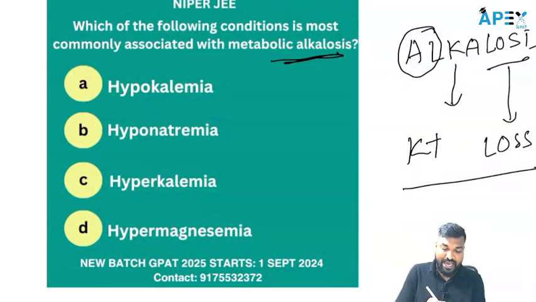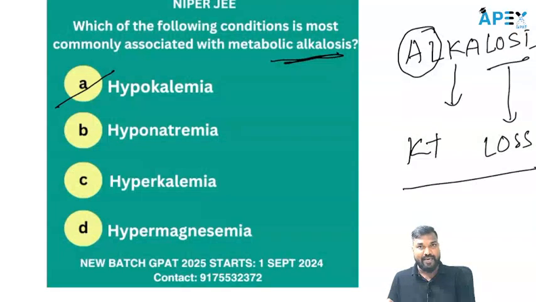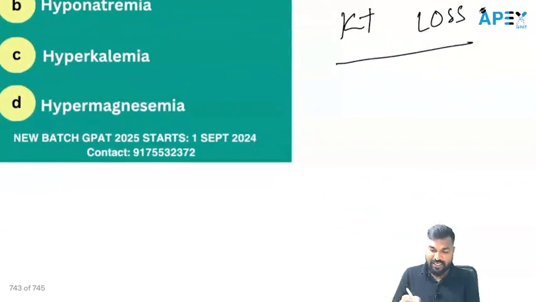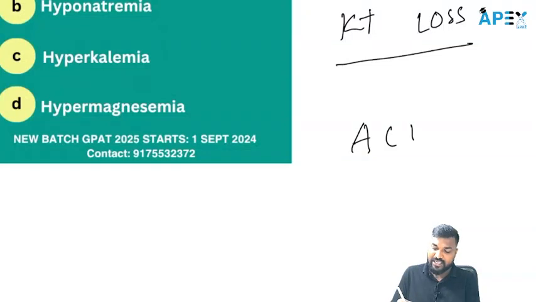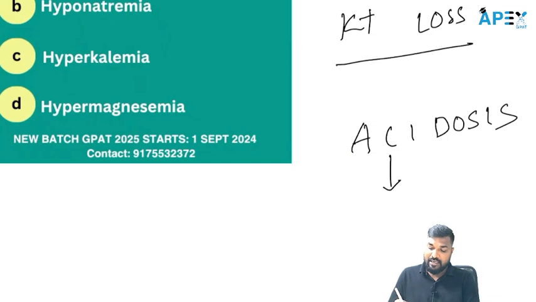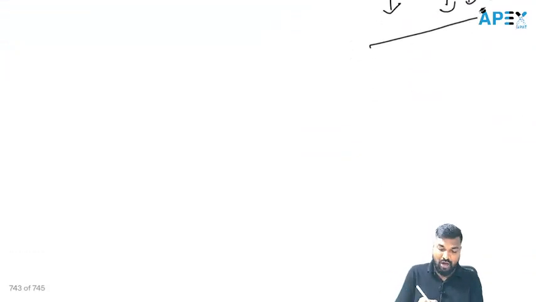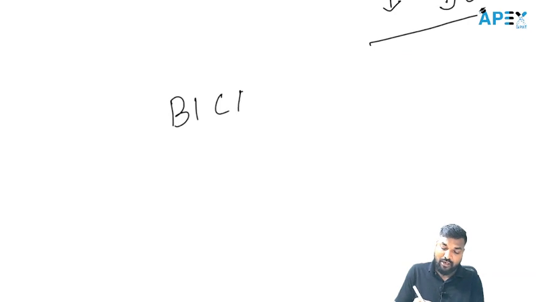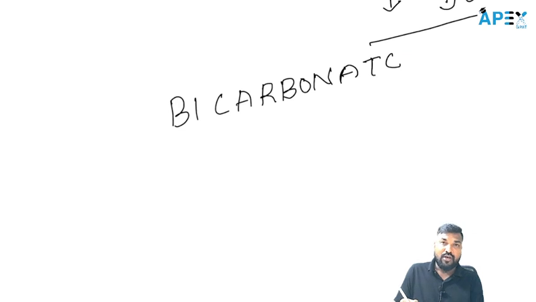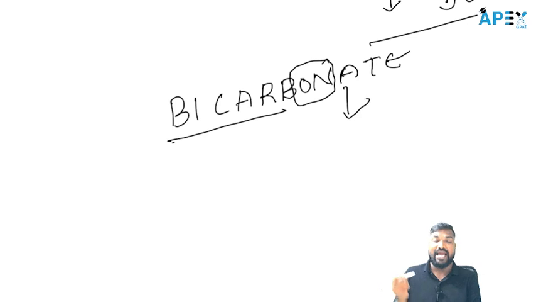So option A is the answer, hypokalemia. What about acidosis? When carbon dioxide levels increase, acidosis. What about bicarbonate? Bicarbonate on increases, alkaline.